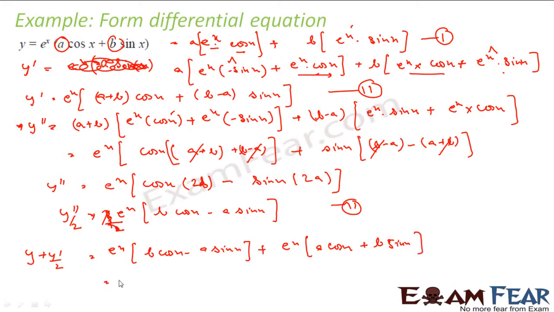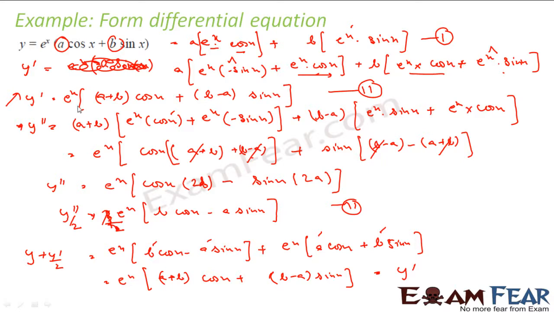So if you take sin x cos x part common, cos x becomes a plus b, right? a plus b cos x plus b minus a sin x, correct? Plus b sin x. So if you observe, this guy is nothing but equal to this guy, y dash.